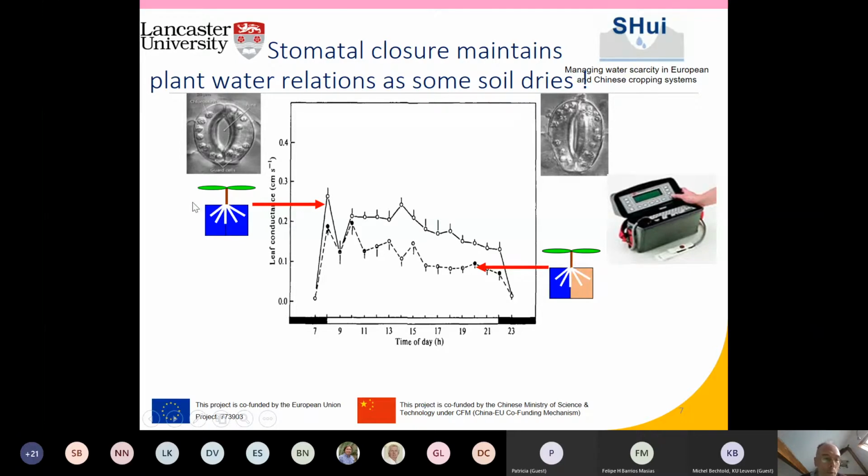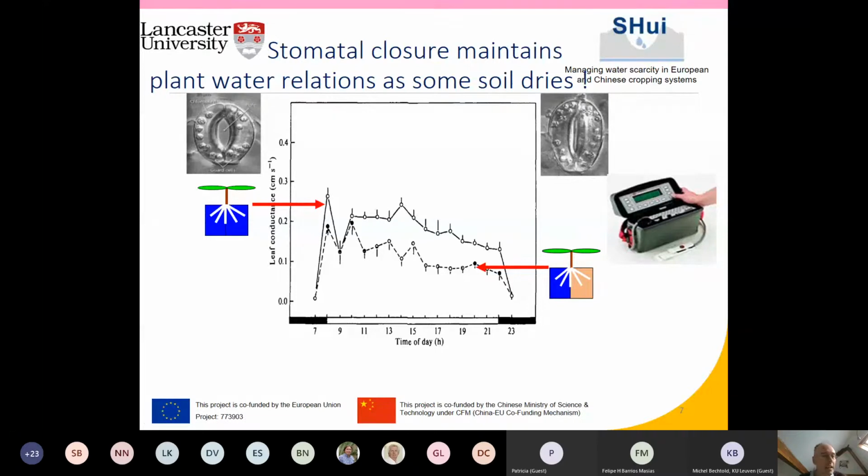And you can see here for the well-watered plants that initially when the lights came on in the controlled environment cabinet in the morning, the leaf conductance substantially increased, and that was maintained throughout the course of the day. For the plants exposed to partial root zone drying, the stomata opened in the morning, maintained reasonably high stomatal conductance for the first few hours, but then slowly closed and reached a lower steady state value over the course of the rest of the day.